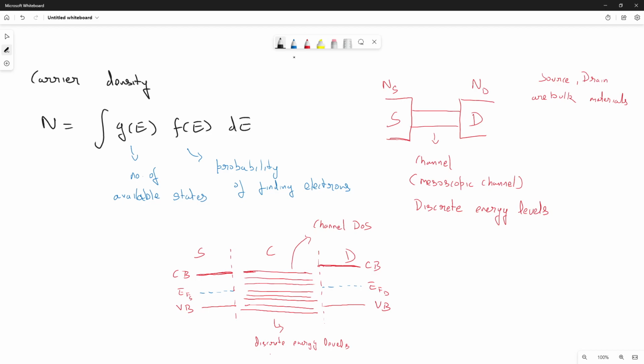Okay. Can you give me an even more fundamental condition? Something that is even more basic than this. So someone said potential difference, someone said difference in Fermi level. Don't think about the source and the drain, think about the channel.